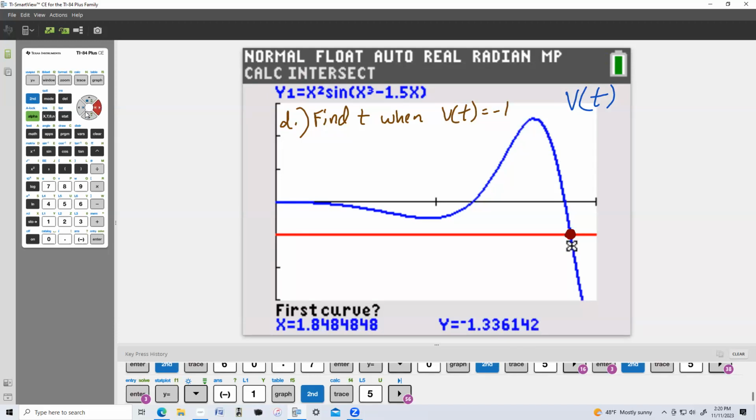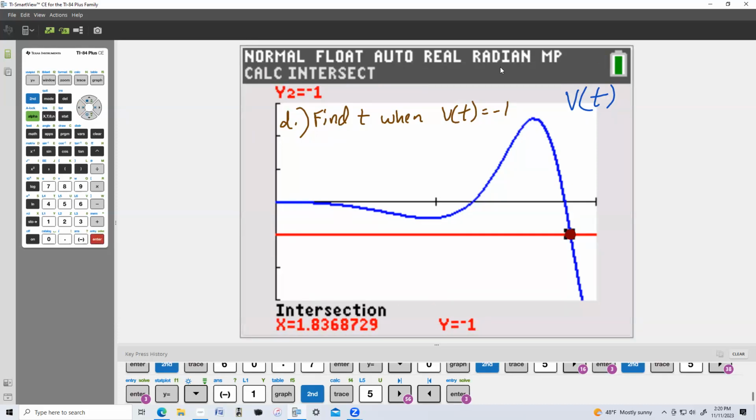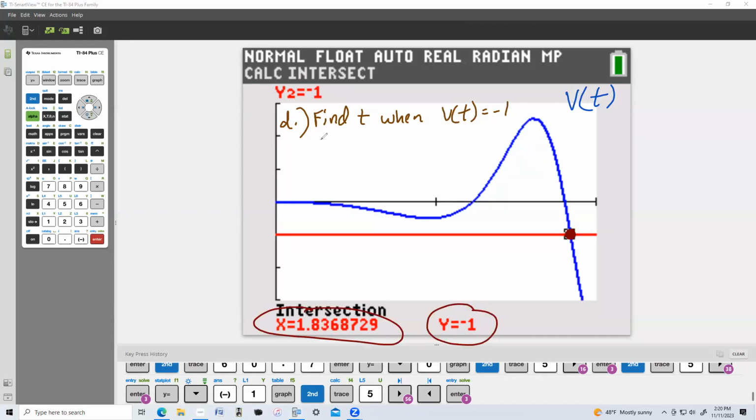Okay, that's plenty close right there. And then we power through with enter once, enter twice. So there it is. When the velocity is -1, the time is 1.8368. Okay. That's when the velocity is -1.